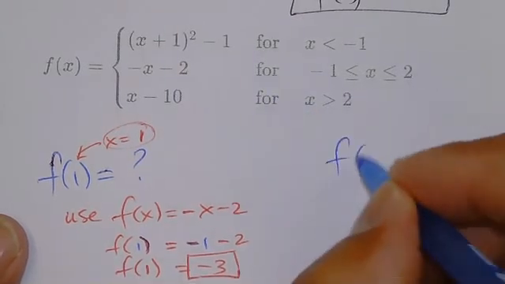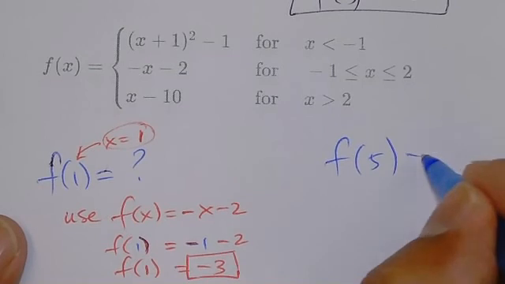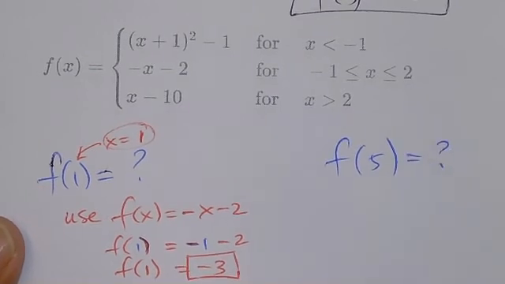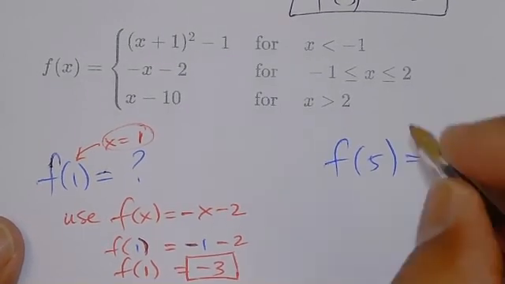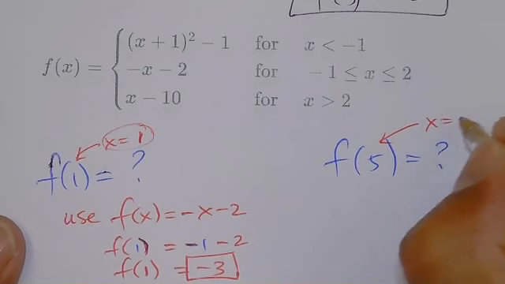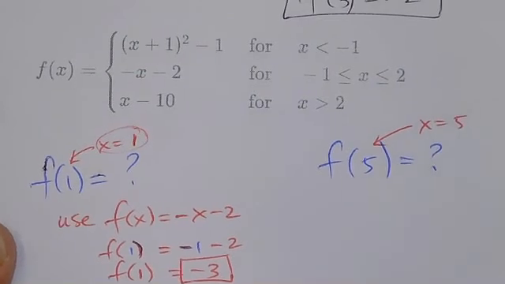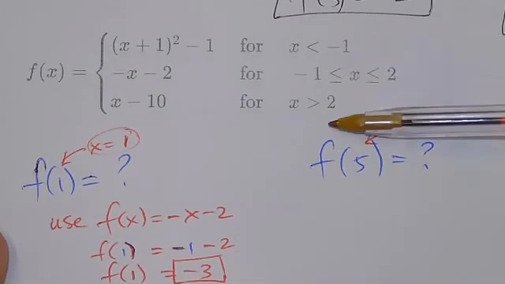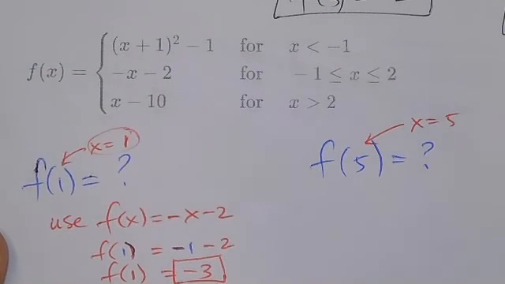Okay, next one. For this same function, what would you do for finding f of 5? Well, what does that mean? That means x equals 5. And here's where you got to read these inequalities and see which one to use.